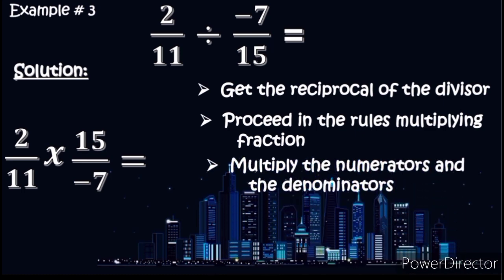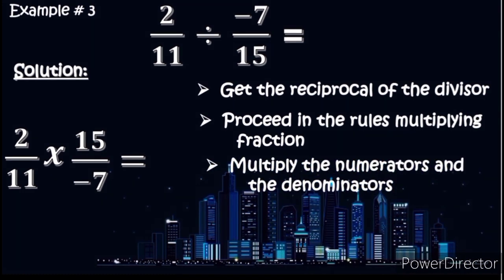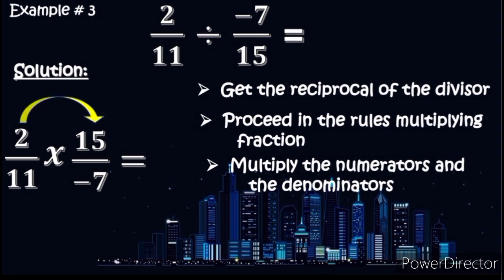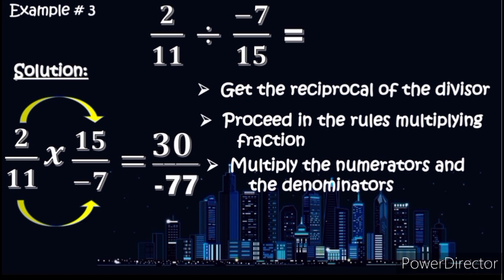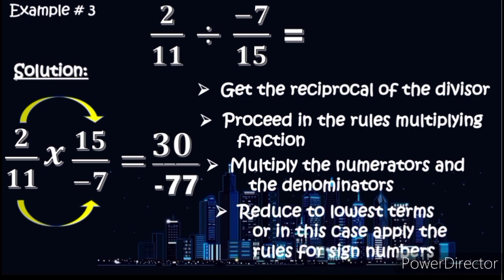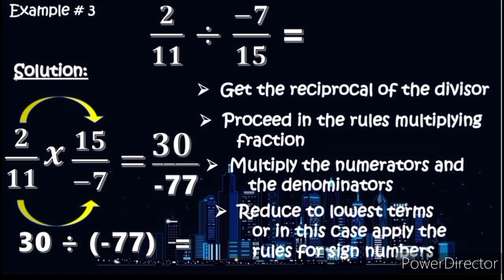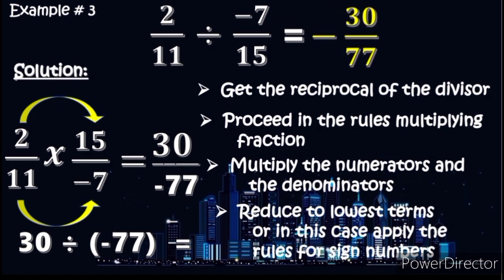Now multiply the numerators and the denominators. 2 times 15 equals 30. 11 times negative 7 equals negative 77. Reduce to lowest terms, or in this case, apply the rules for signed numbers. 30 divided by negative 77, our lowest term is negative 30 over 77.